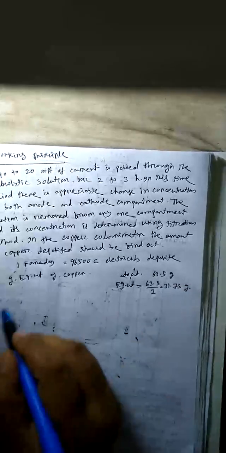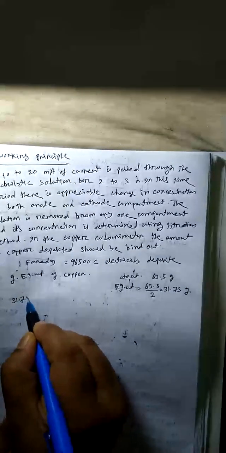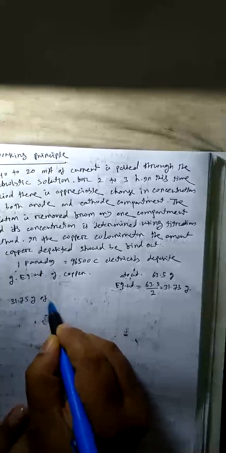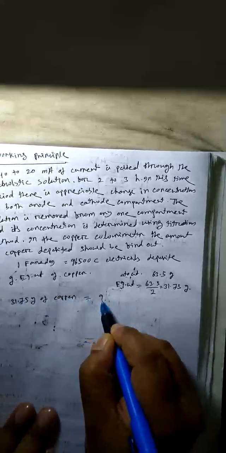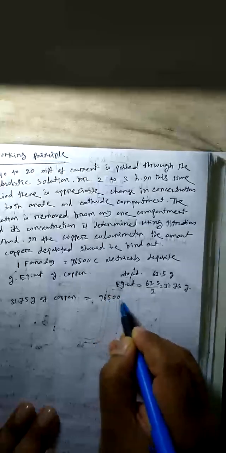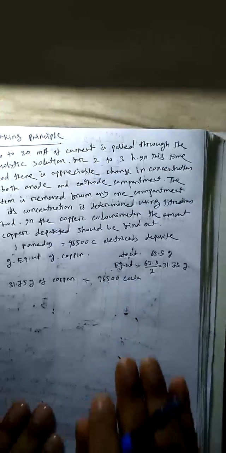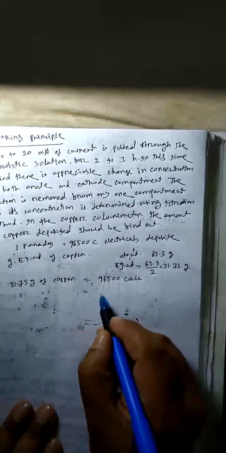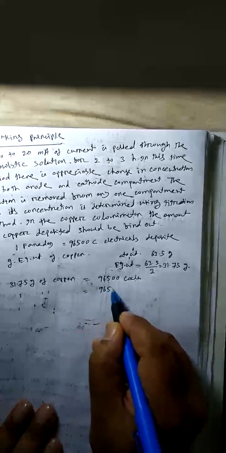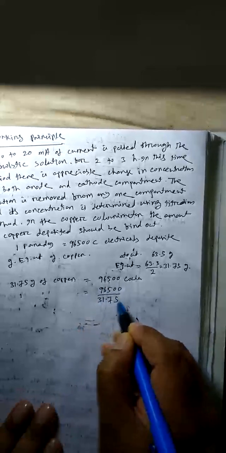That means 31.75 gram of copper is deposited by 96,500 coulomb. So 1 gram of copper is deposited by 96,500 divided by 31.75 coulomb.